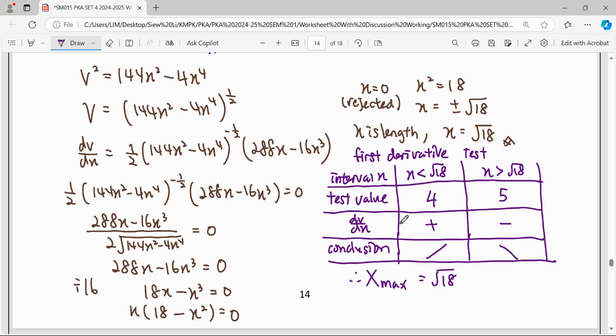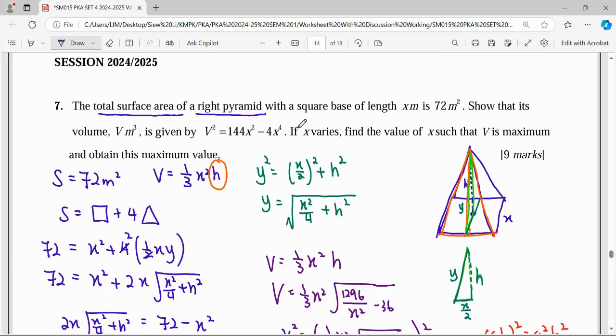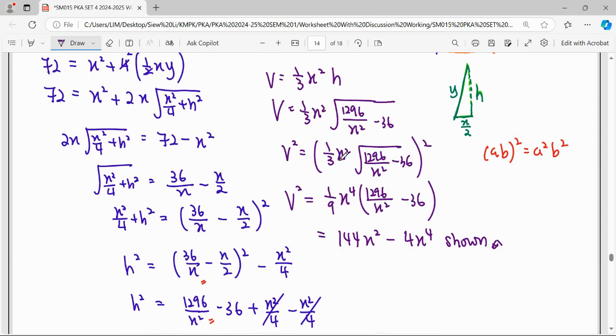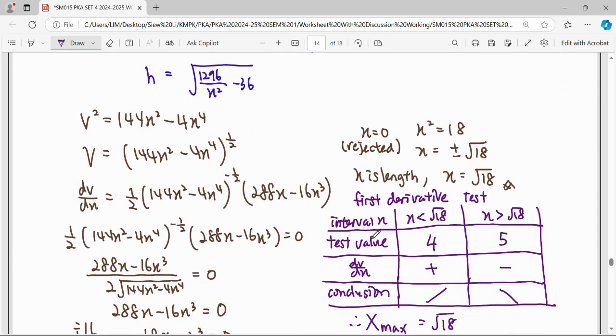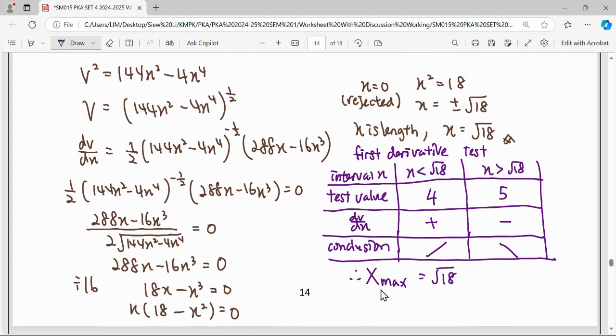Okay, continue. After you maximize, you read back your questions. Find your value of x for the maximum. We done already just now, right? And obtain its maximum value. Means they want volume maximum dia berapa. Apakah volume maximum dia?